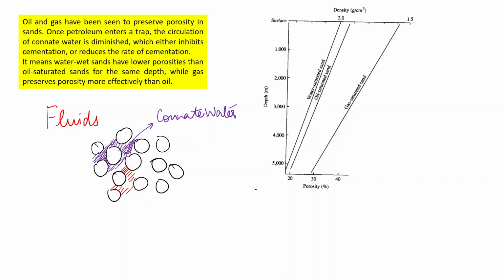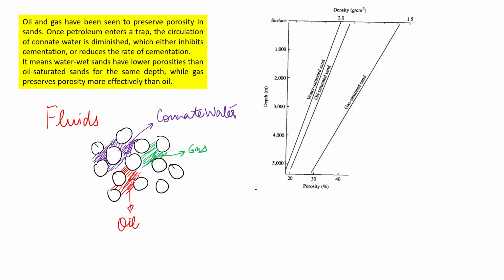This oil may also be present in the pore spaces. Or we may also have gases in the pore spaces. So we have three types of fluids: water, oil, and gas.